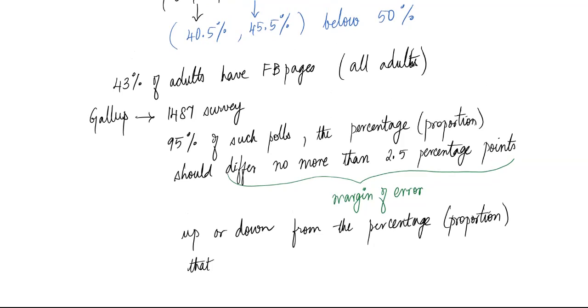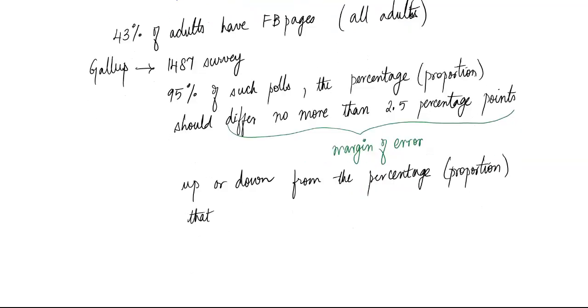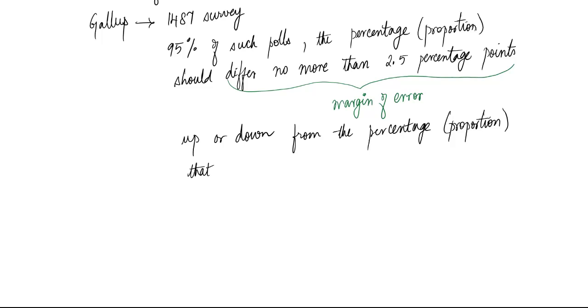So what we're saying is, it can be any of these, because we are kind of covering the margin of error by saying you can go up or down 2.5% from whatever the proportion would have been if we were to interview all adults, from the percentage that would have been found if we were to interview all adults.